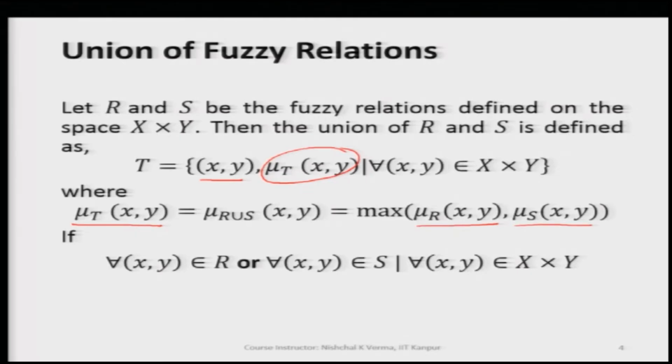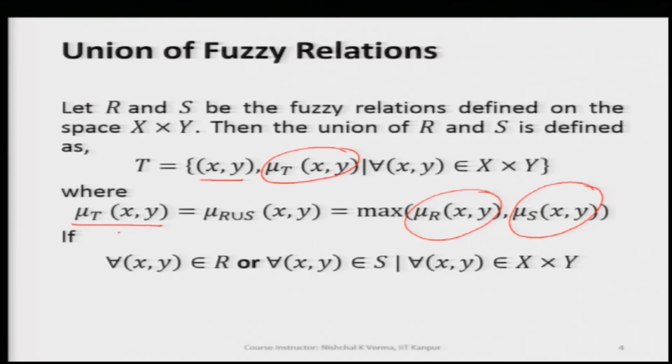This means we take the corresponding membership values present in the fuzzy relation sets R and S, take their union, take the max of these two membership values, and term it mu T of (x, y).